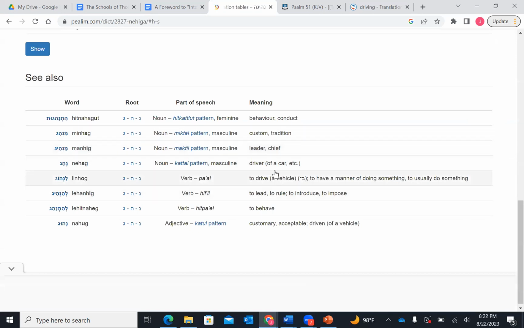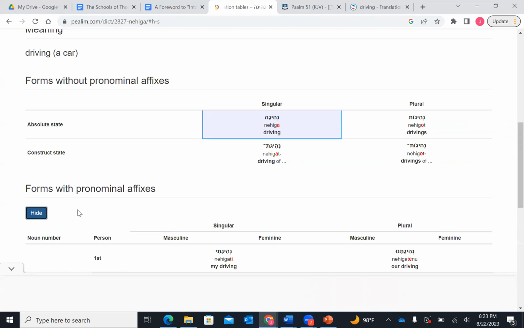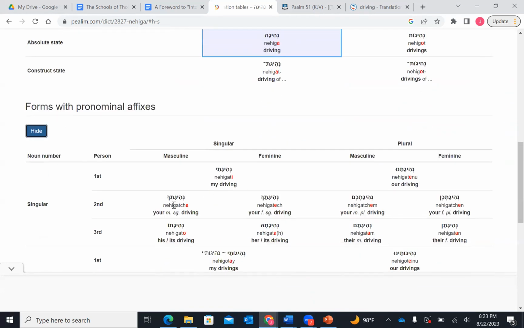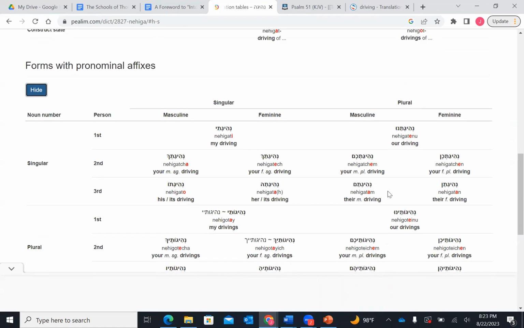Almost like lived. Nahiga, driving. Let's see. My driving. My drivings, no. Nahiga Tainu. Nahiga for the woman.